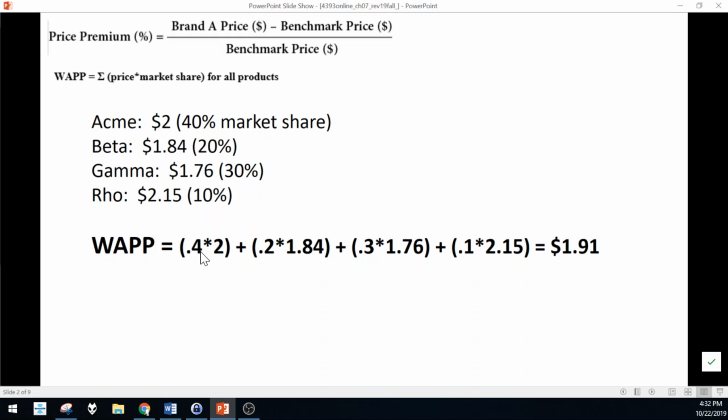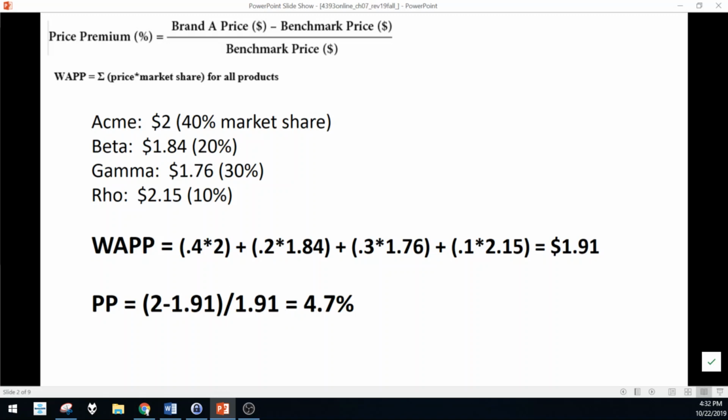So $2 times 0.4, $1.84 times 0.2, $1.76 times 0.3, and $2.15 times 0.1. Add those all up, you get a weighted average price paid of $1.91. Use that as your benchmark. You end up with a price premium of 4.7%. So you're more expensive than the average, but not by a lot.